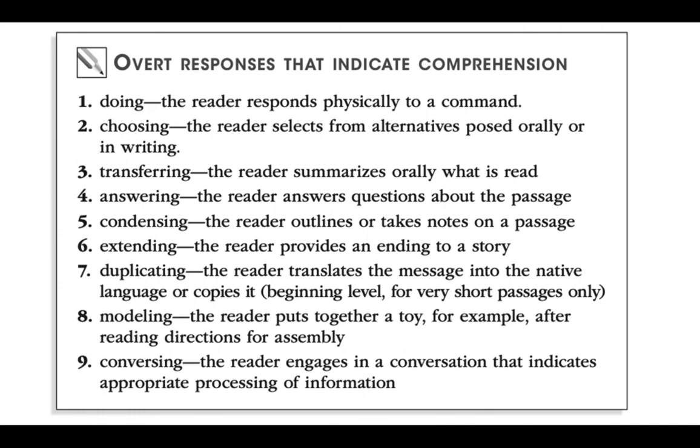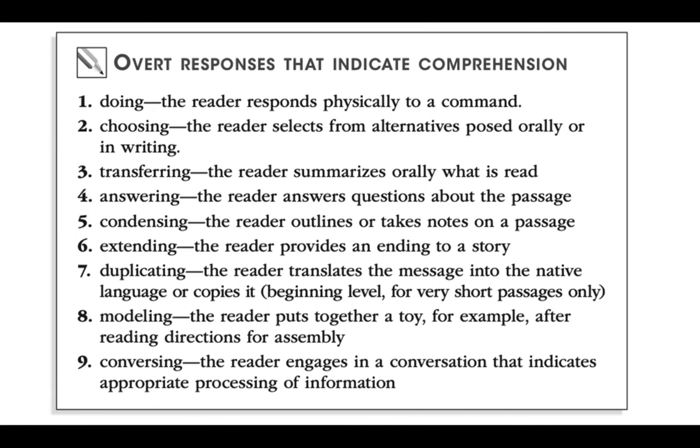Then choosing: the reader selects from alternatives posed orally or in writing. Like multiple choice, they select the responses that you want them to select, which indicates that they understood what they were reading.